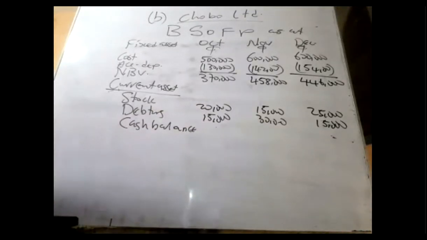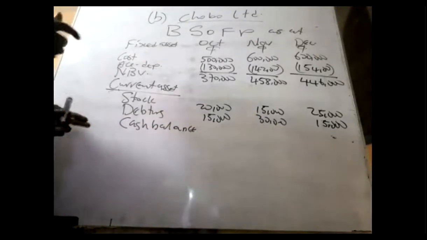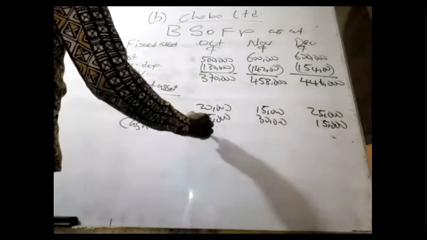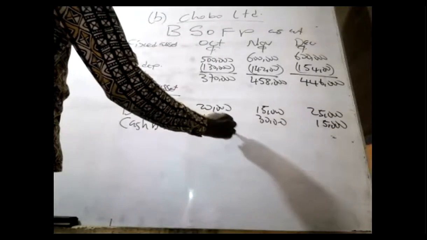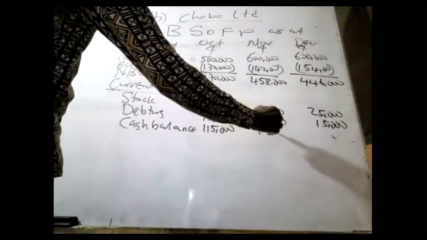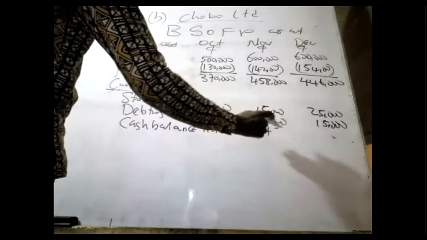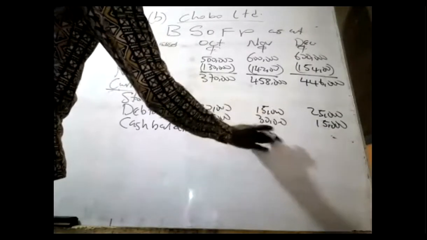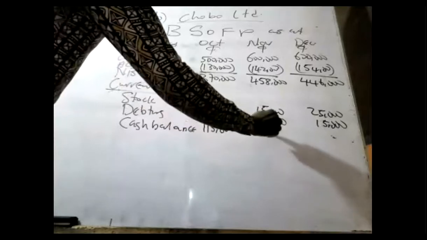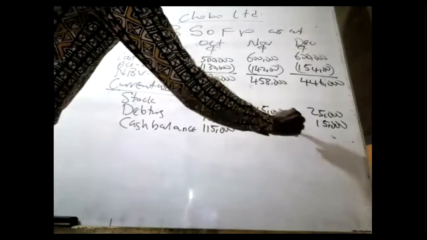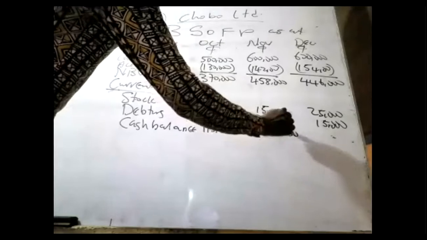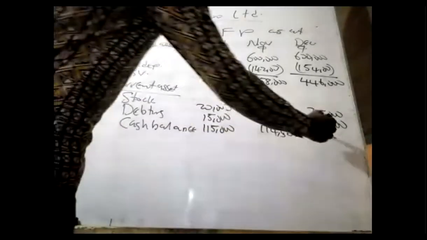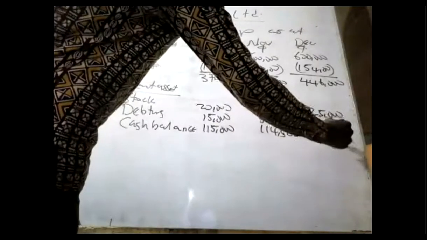The cash budget that we prepare will produce the cash balances: 115,000, then 114,500, and the last one is 165,000.